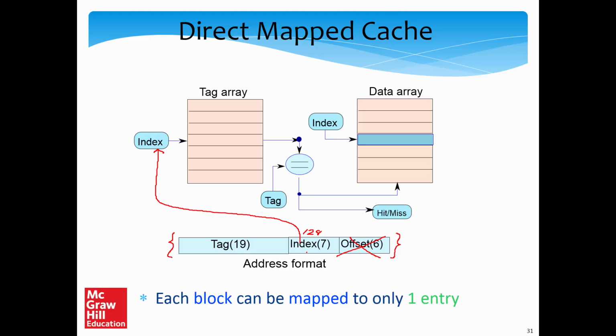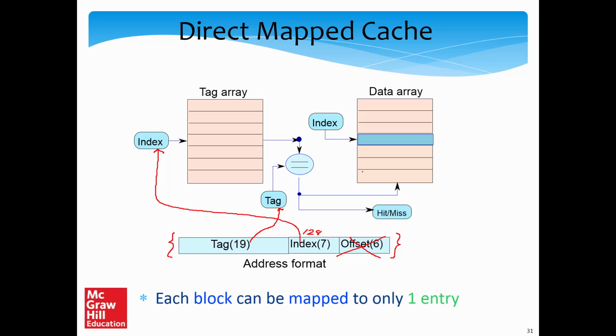We take the remaining 7 bits as the index, because our tag array has 128 entries and 128 is 2 to the power 7. With that index, we access the tag array, read the tag that is stored, and compare it with the tag part of the address. If the comparison results in equality, it's a hit, otherwise, it's a miss.